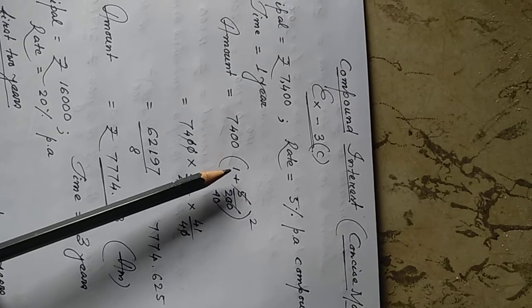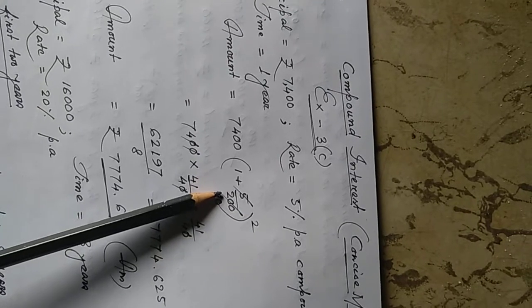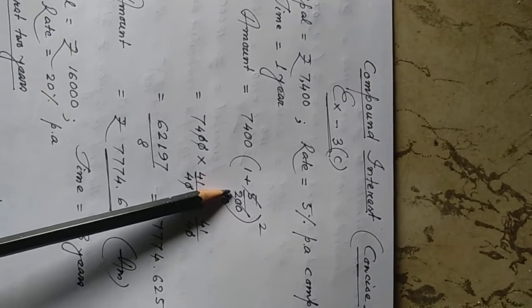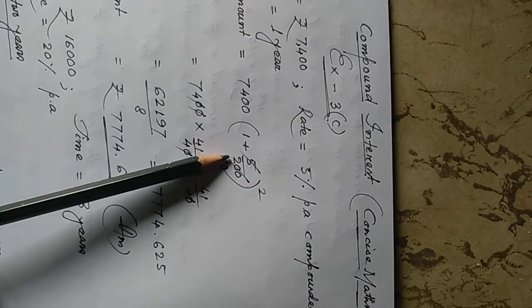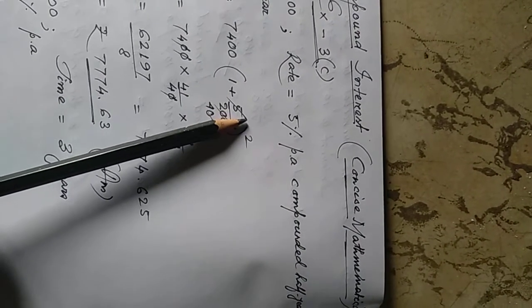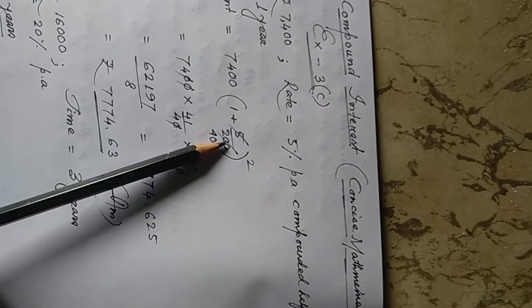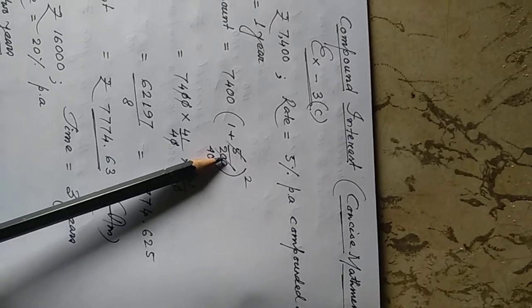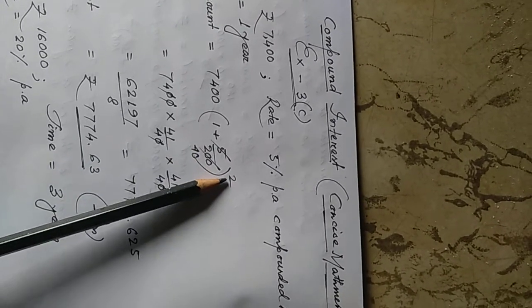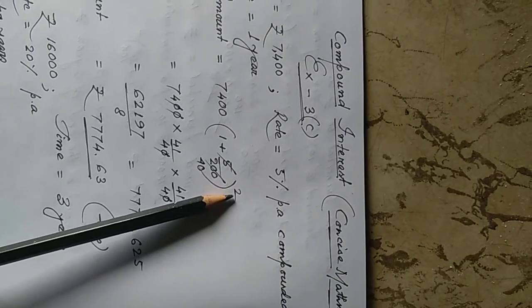Here you see I write 1 plus 5 by 200. Why this 5 by 200? Because it's given compounded half yearly, so it will be r by 2 into 100. That's why this becomes 5 by 200, and in 1 year there will be 2 terms, so at the place of n I write 2.